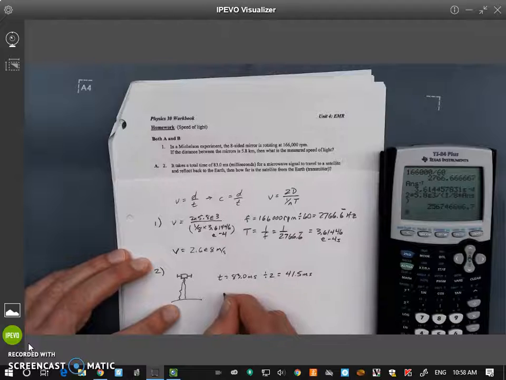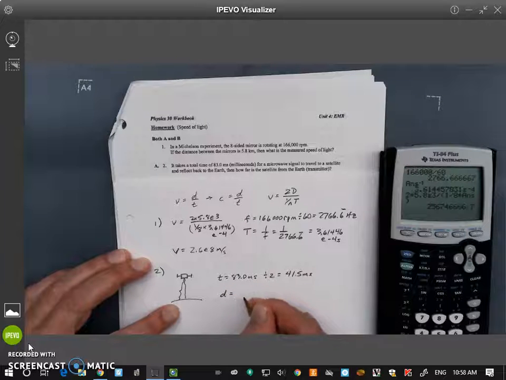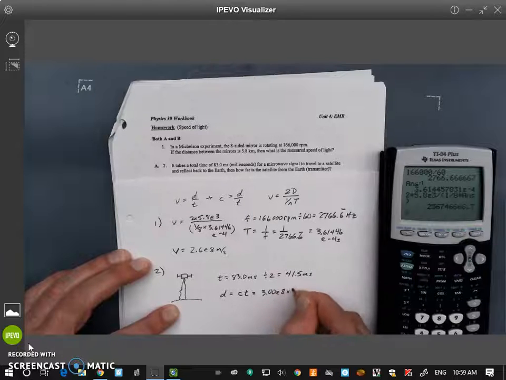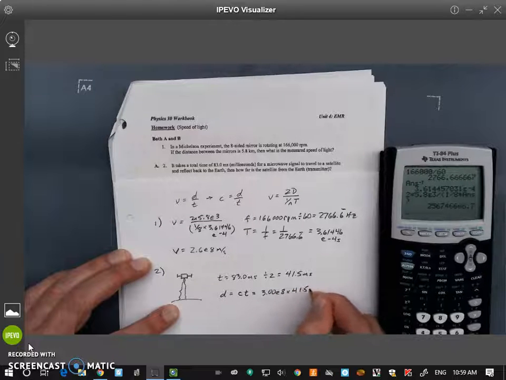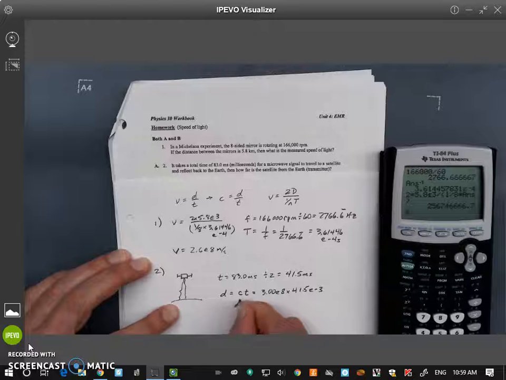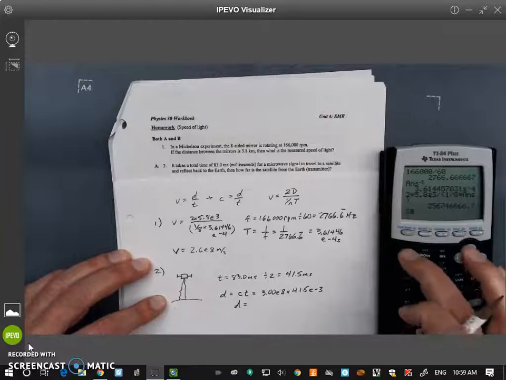We're looking at how far, or how high it is above the Earth, and so d equals c times t. Here I'm going to use the speed of light as the variable c, the constant c. And so I have 3E8 times 41.5 E negative 3, and the calculation.